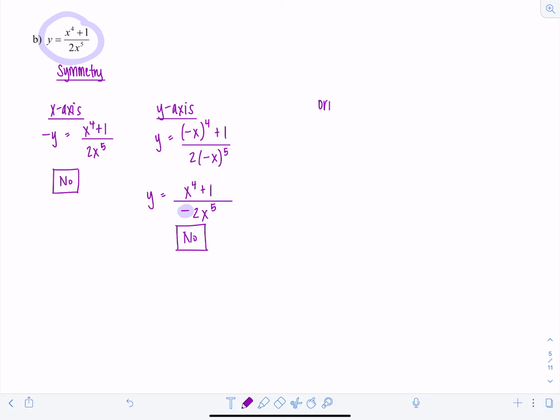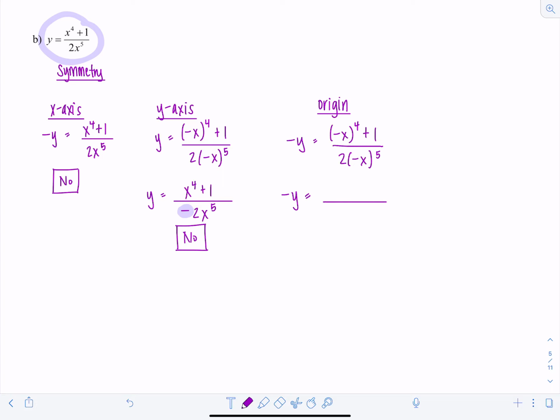What about origin symmetry? Are you doubting if I even need to test it? Shame on you. You could have no symmetry for x-axis, no symmetry for y-axis, but still have origin symmetry. So let's see what happens here. I'm going to replace this time y with negative y and x with negative x. And let's see what happens. So on the left-hand side, I have negative y. What about on the right-hand side?